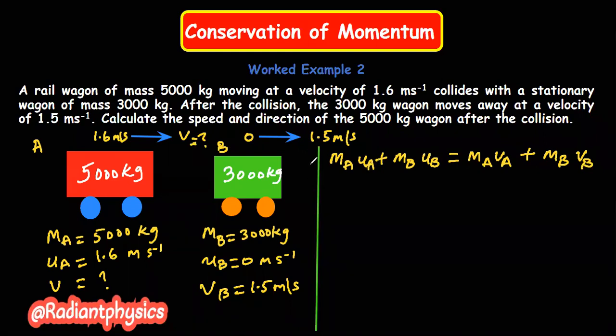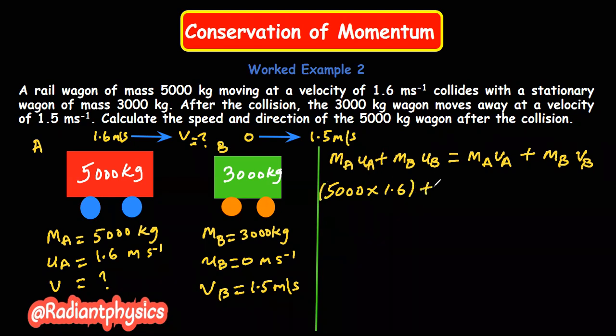So let's put our data into this. We substitute now, and then we get the answer. So our MA, which is mass of this, we have 5,000 times UA. What is UA? 1.6 meter per second. So that is what we have. Then we can bracket this as usual.